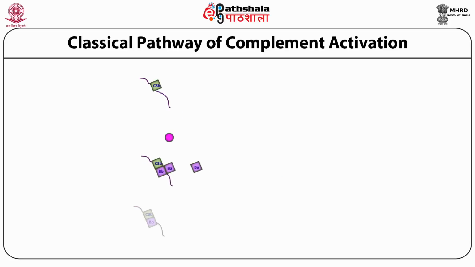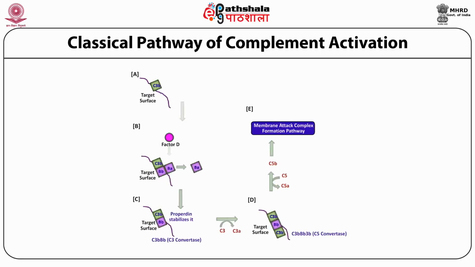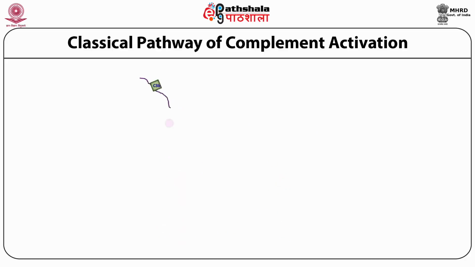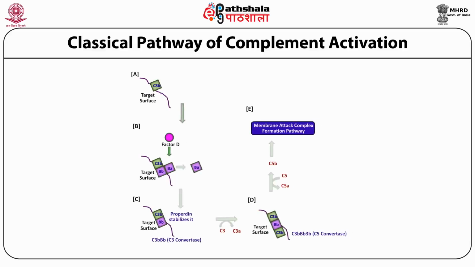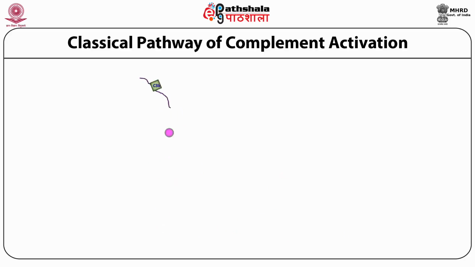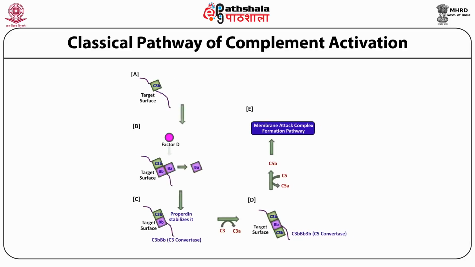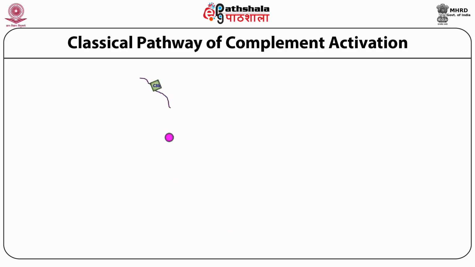The C3b component cannot differentiate host surface from foreign surfaces, but because of the high sialic acid present on host surfaces, it is rapidly deactivated and does not lead to further cascade. Whereas on foreign surfaces such as bacteria, yeast and virus, low sialic acid is present and thus C3b remains active.